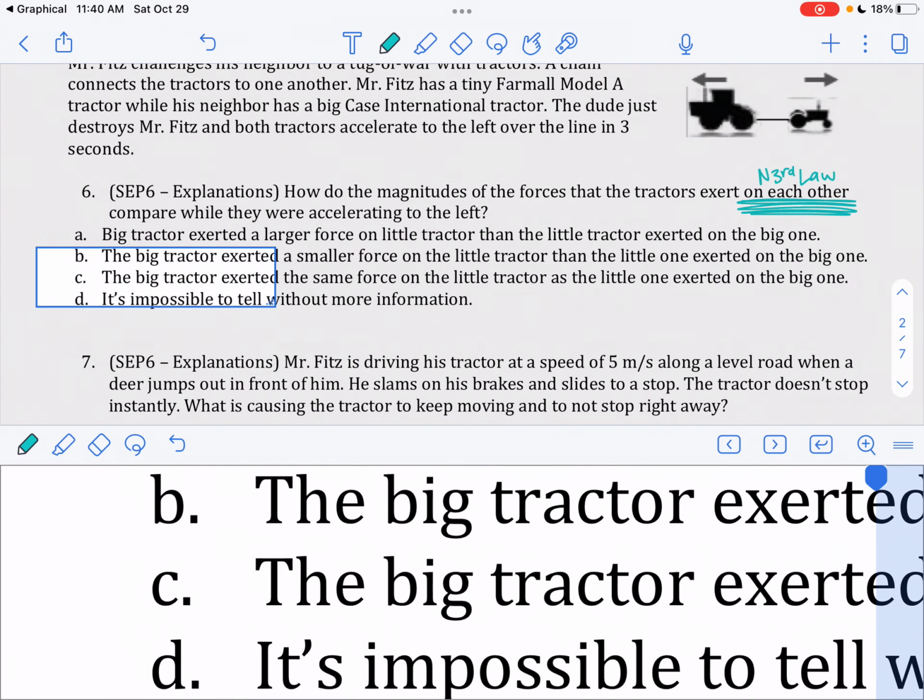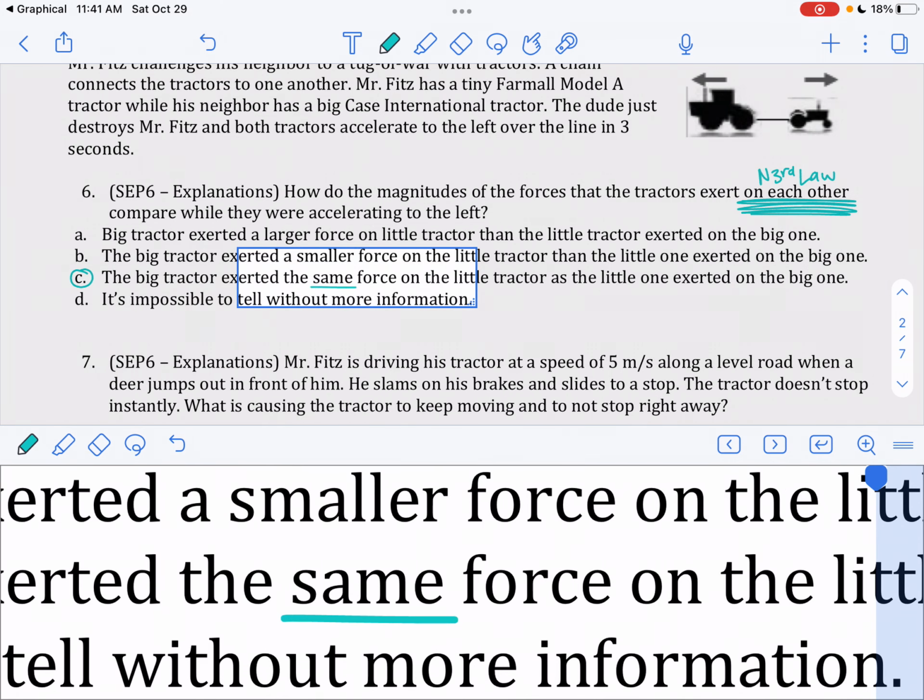And so automatically I am just searching for same force because I recognize that this is a Newton's third law problem. And I do that before I even really answer the question, which is going to help me figure out what answer I should be looking for.